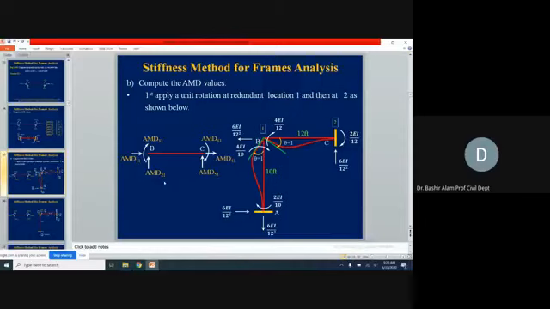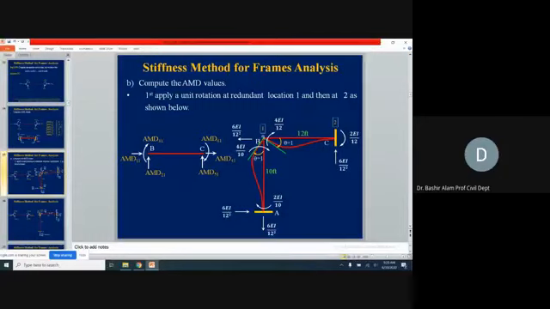AMD21 will be this downward couple now, the other force of this 6EI over 12, which was in downward. So this will become minus 6EI over 12 square. You should be making a note of this one also, that AMD21 is equal to minus 6EI over 12 square. AMD32, so it is 4EI over 12.